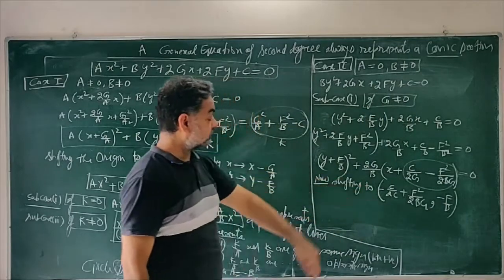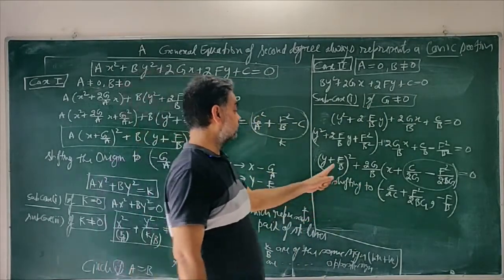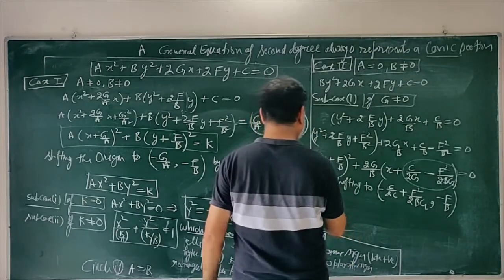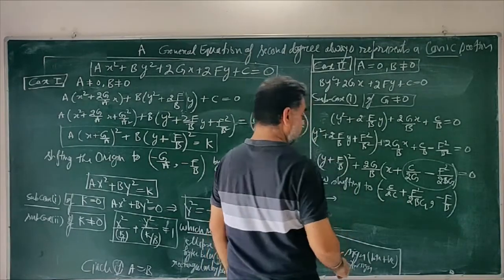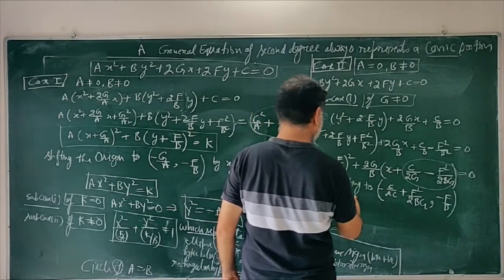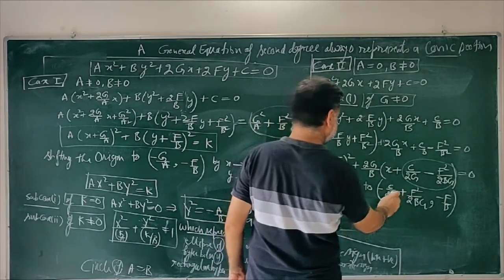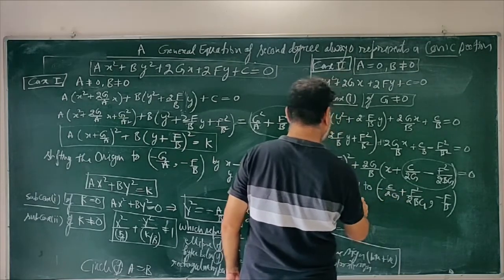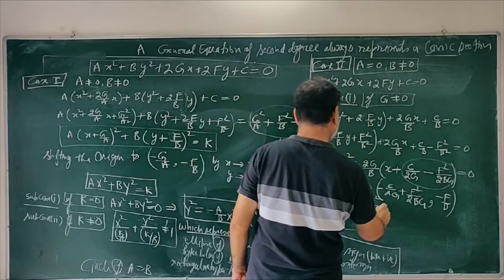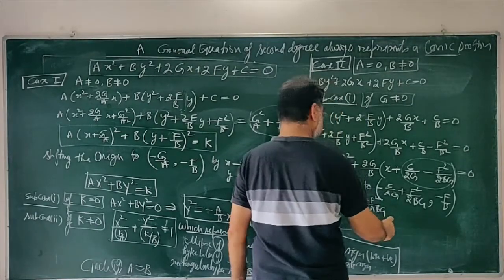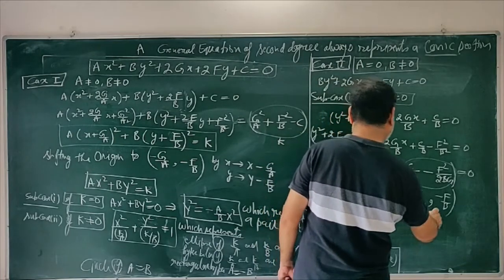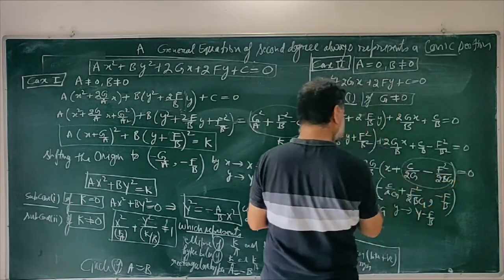Shifting the origin to this point, this equation can be written as, that means replace x by x minus c over 2g plus f square over 2bg, and y by y minus f over b.